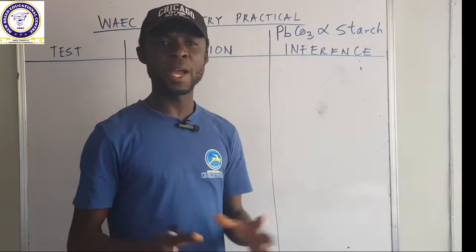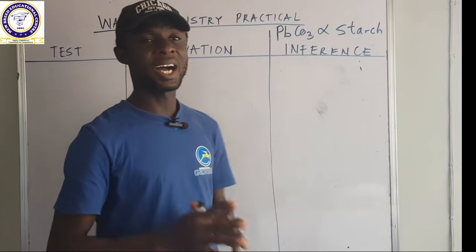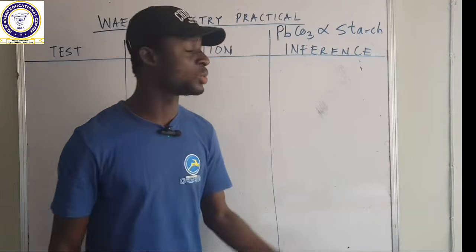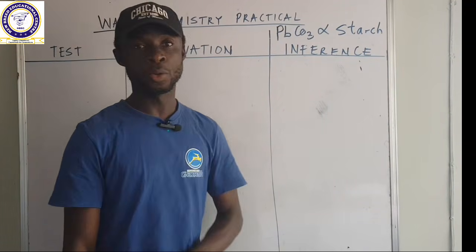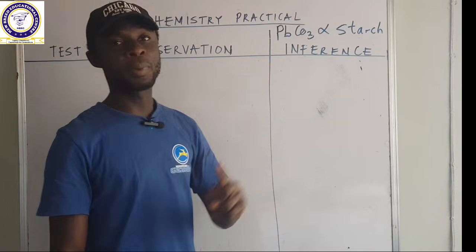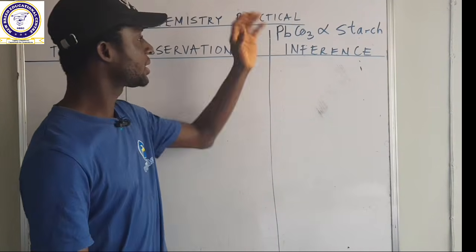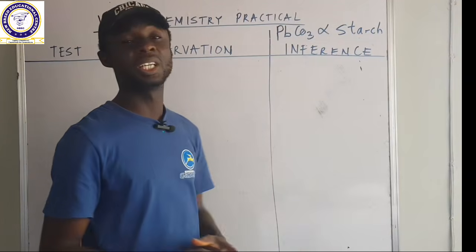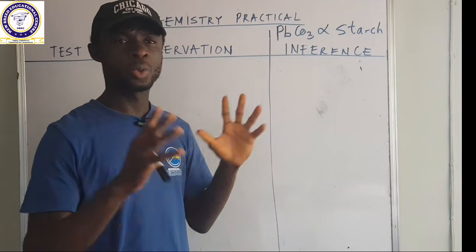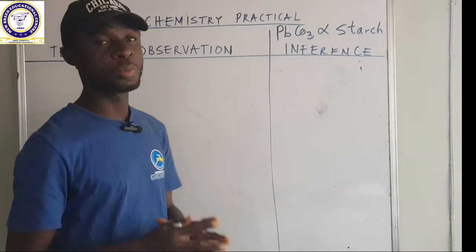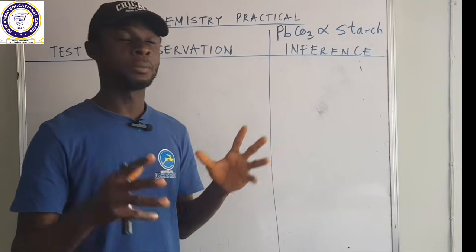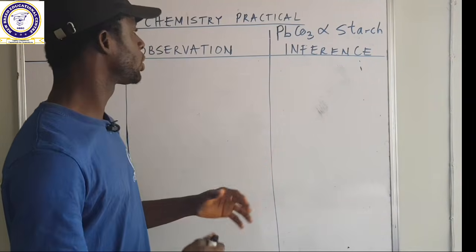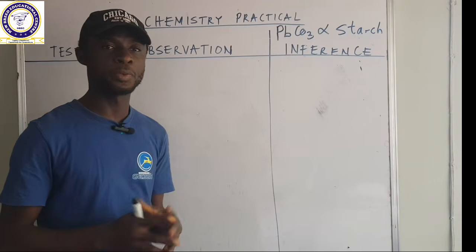Our aim and objective is to run through tests that can help us detect lead ion, detect carbonate ion, and test whether starch is actually present in our sample. Now let's go into the concepts fully.